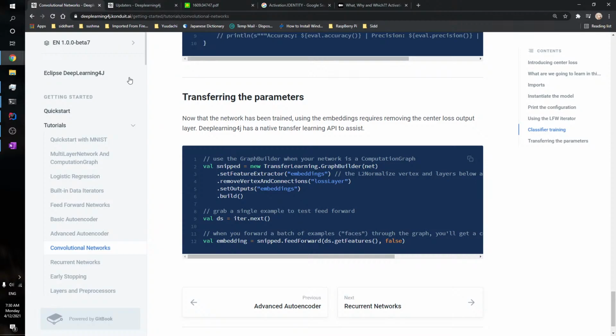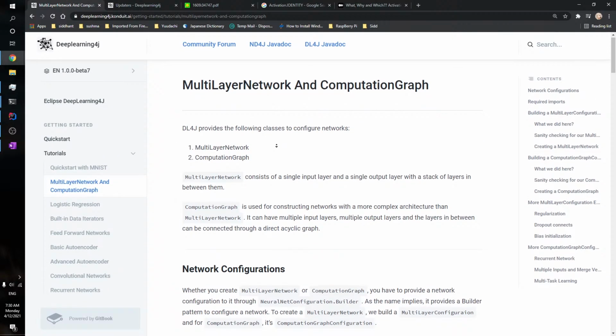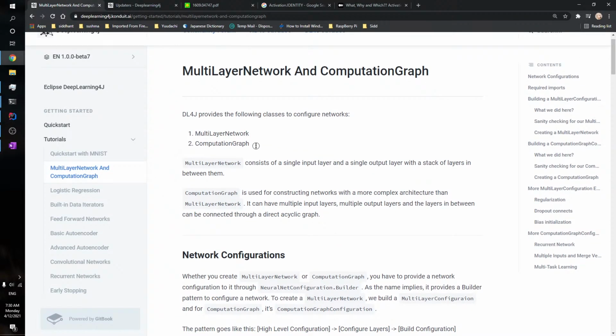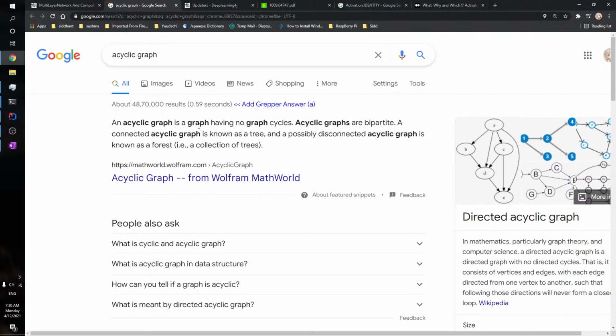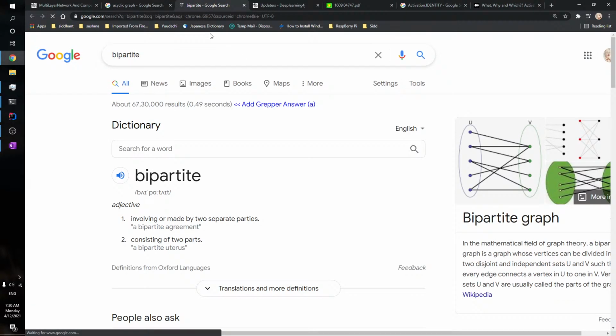That does really break your head quite a bit. What's an acyclic graph? Having no graph cycles. Oh my goodness.